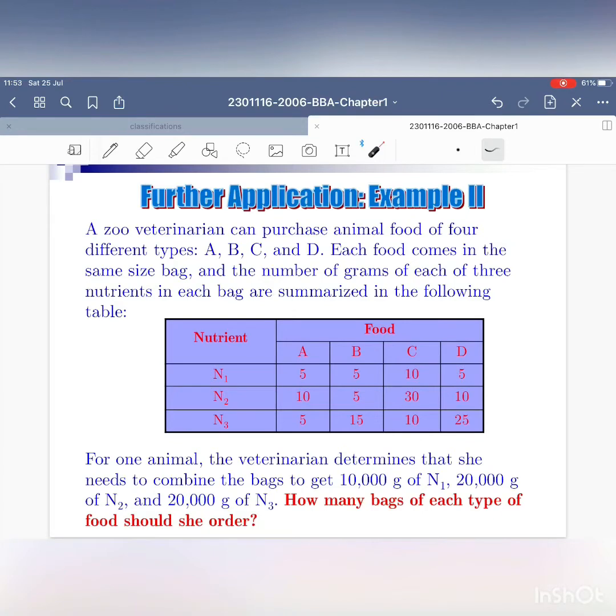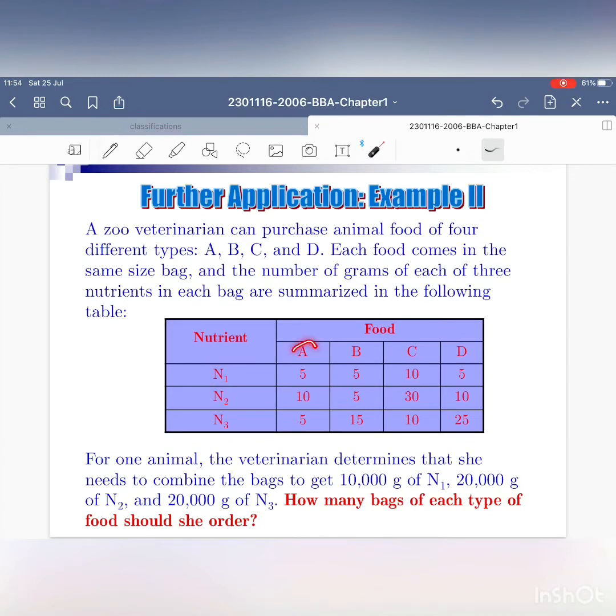Okay, so let's see. It says that a veterinarian can purchase an animal food of four different types: type A, type B, type C, and type D. Each food comes in the same size bag, and the number of grams of each of three nutritions in each bag are summarized in the following table. So you have the first nutrition, the second nutrition, and the third nutrition.